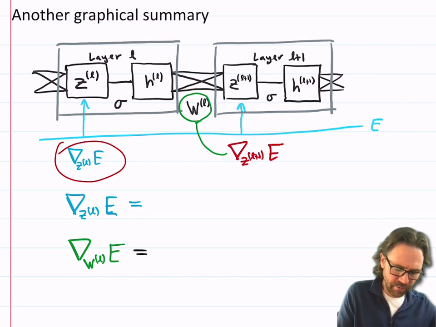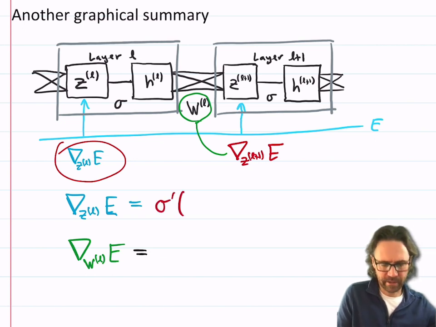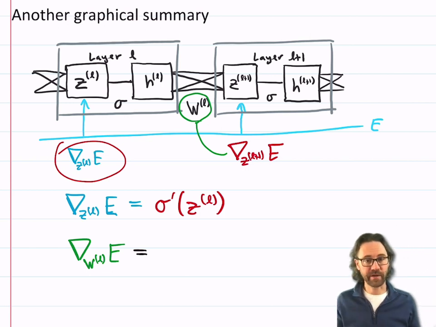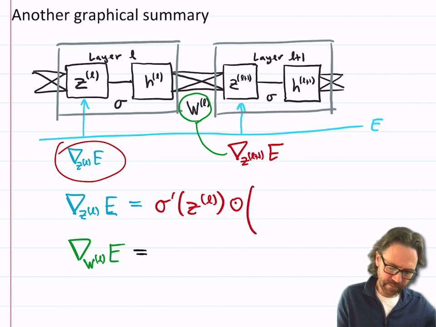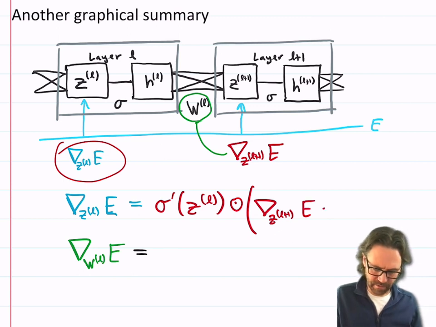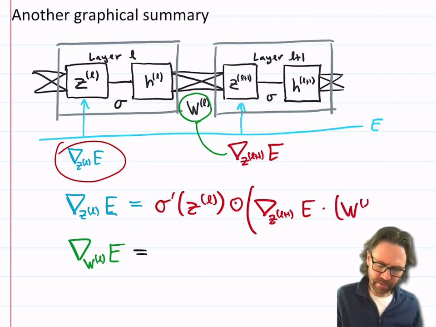Okay, so going through the activation function, we can write it like this. Right, it's a derivative of the activation function Hadamard times the gradient from above times the weight matrix transposed.